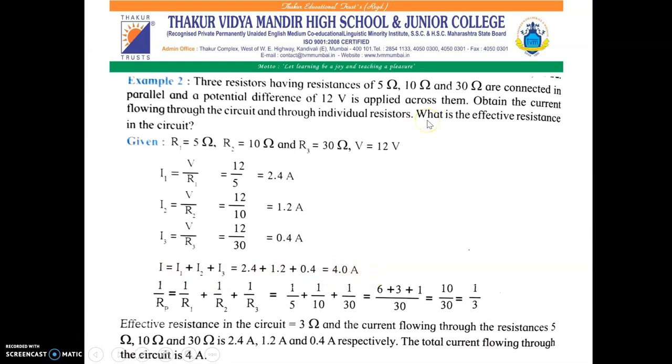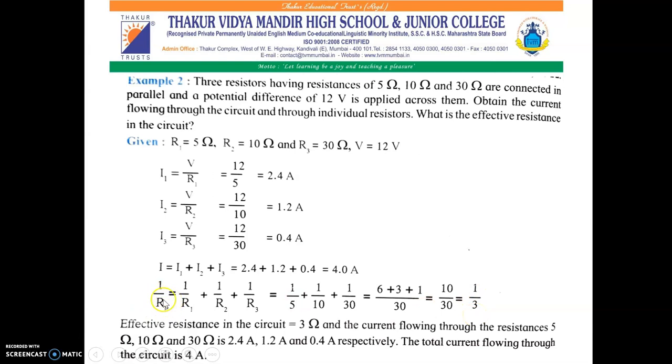Now we also need to find out the effective resistance in the circuit. So the formula for that is 1 upon Rp, that is equal to the sum of the inverse values of all the three resistors, right? So when we put these values, we will get 1 upon 3, right?